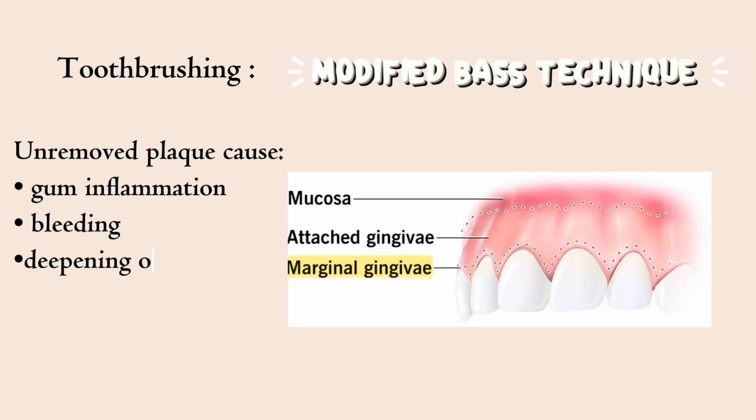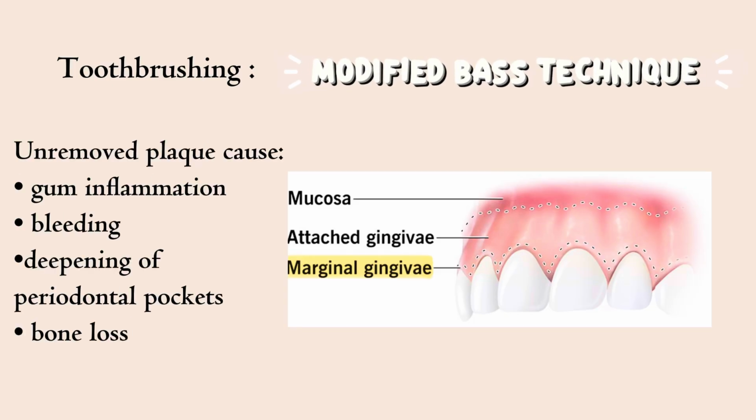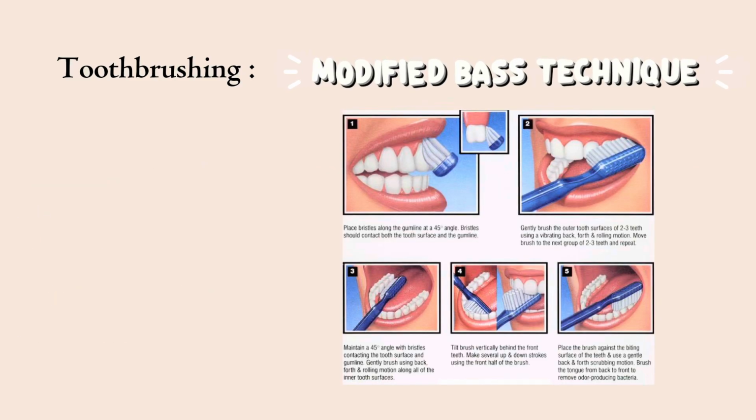If plaque is not removed from this area, it can cause gum inflammation, bleeding, deepening of periodontal pockets, and further bone loss. Therefore, proper toothbrushing is essential to prevent the progression of gum disease.